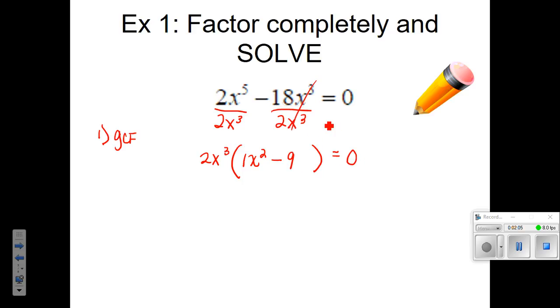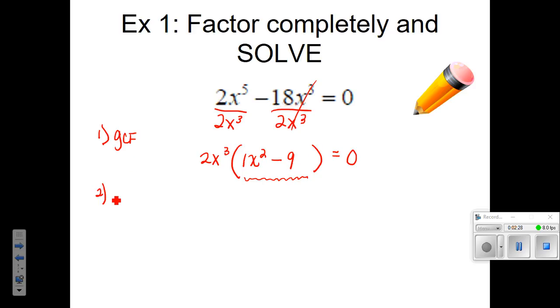Okay? Now, I did one type of factoring. Remember, when we factor completely, that means we have to see if what is on the inside can be factored again. So we have x squared minus 9. That is the difference of two squares. X squared is a perfect square and 9 is a perfect square.